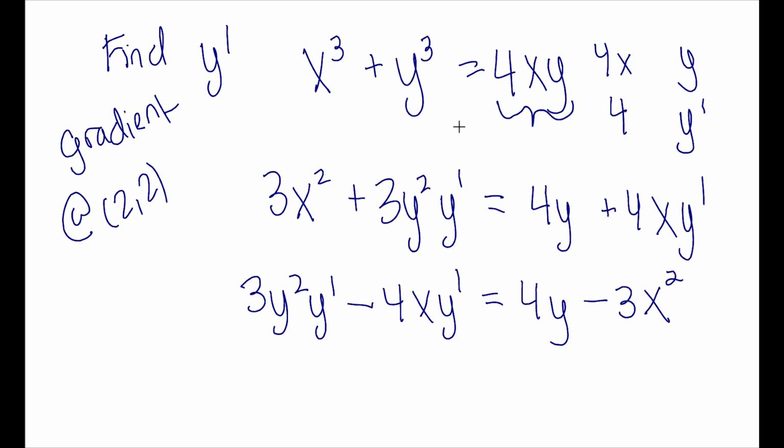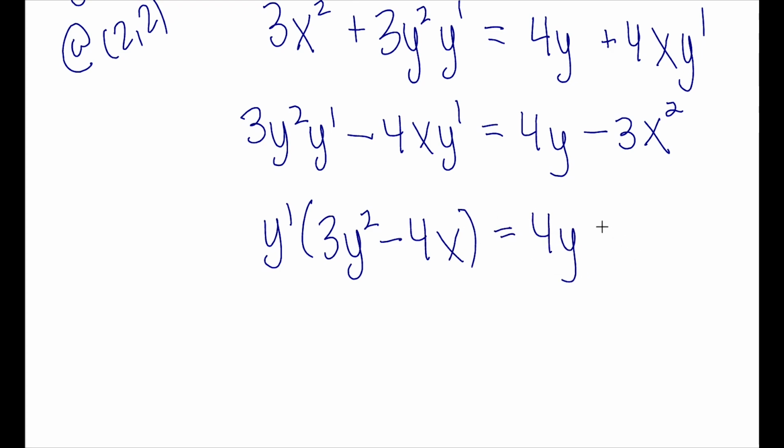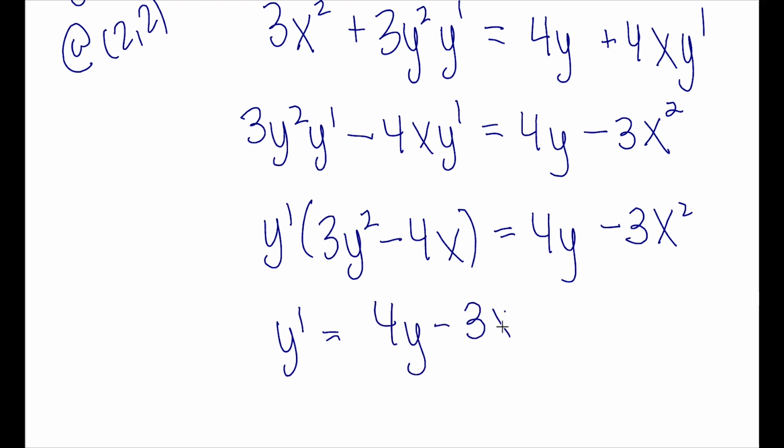Since I now have all the y primes on the left, I can factor it out. y prime times (3y squared minus 4x) equals 4y minus 3x squared. Divide both sides by 3y squared minus 4x to get the y prime by itself. This is the equation of my derivative.